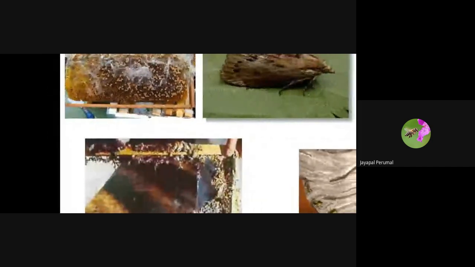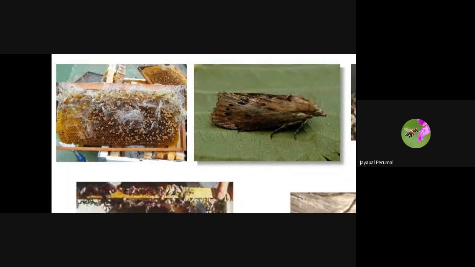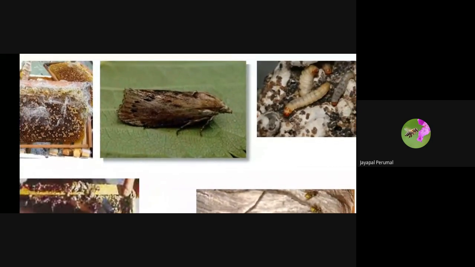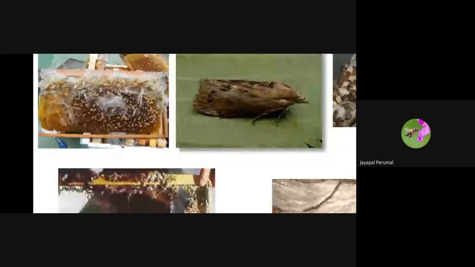And we should not keep the bee box open for a long time. If the health of the colony is good and the number of workers is large, usually wax moth incidence doesn't happen, because the comb will not be exposed anywhere.